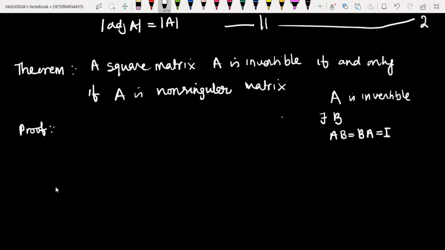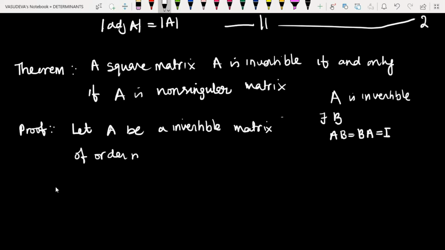Now in this, let A be an invertible matrix of order n, and let I be the identity matrix of order n.